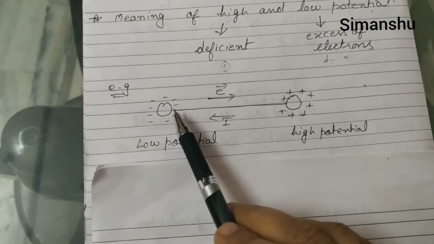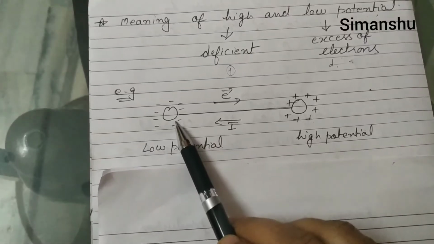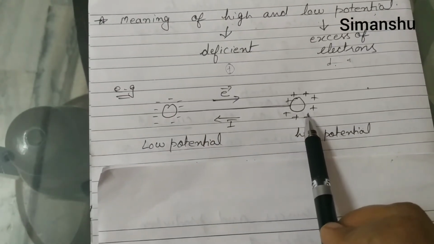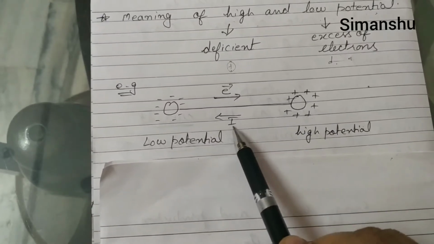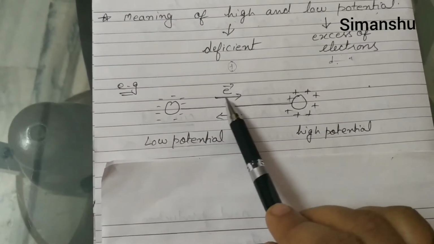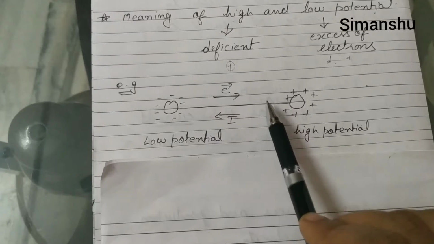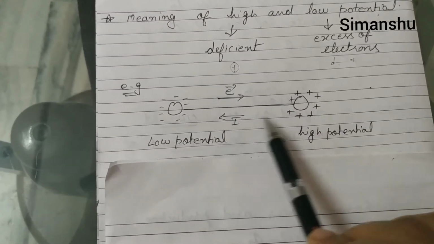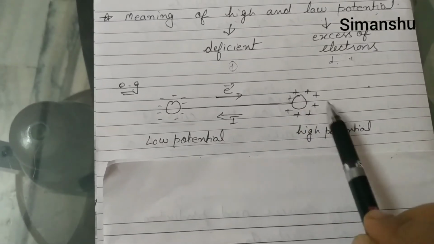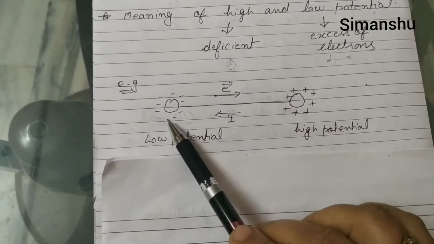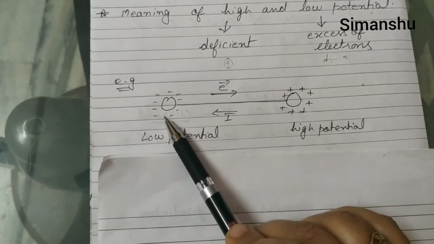Only electrons. Electrons will move from this side to that side. As we already said, the conventional direction of flow of current is opposite to the flow of electrons. So current is moving from the positive side, where there is deficiency of electrons, toward the excess of electrons.